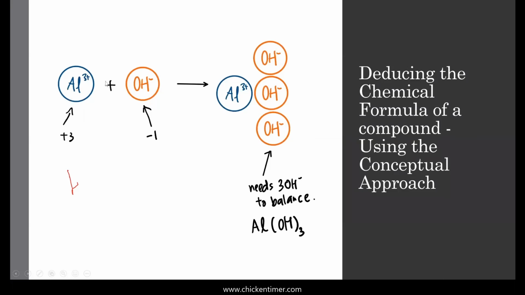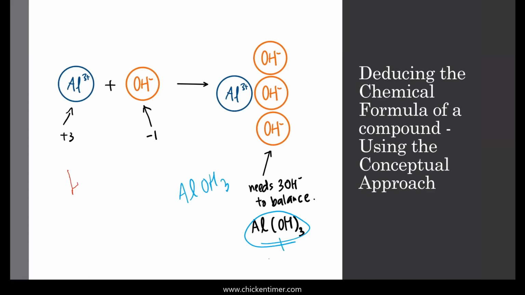Then aluminum oxide, not aluminum hydroxide. So this is 3 and this is 1, so you need 3 of them, so it becomes like that. So the bracket still holds. If you write it like that, then this is a totally different meaning.